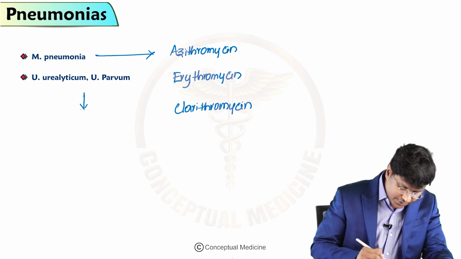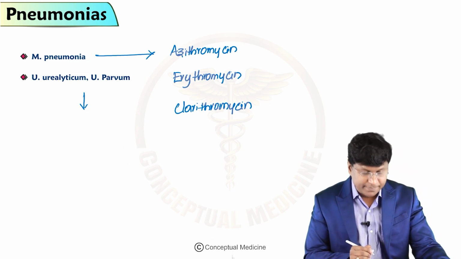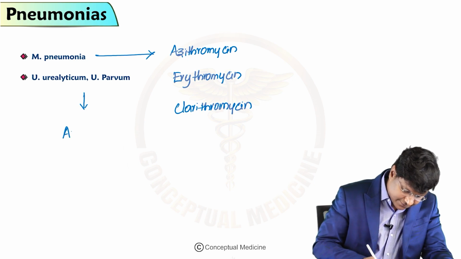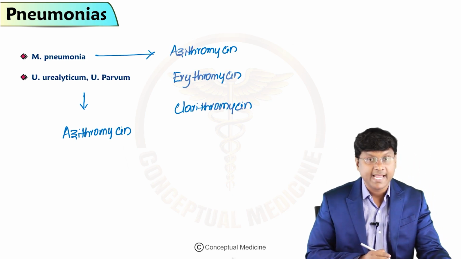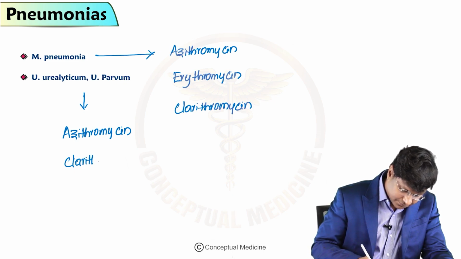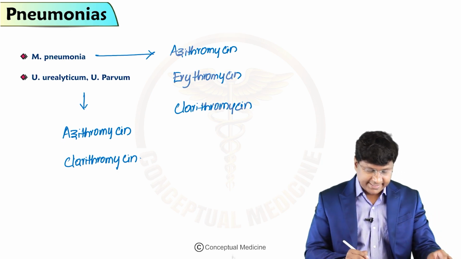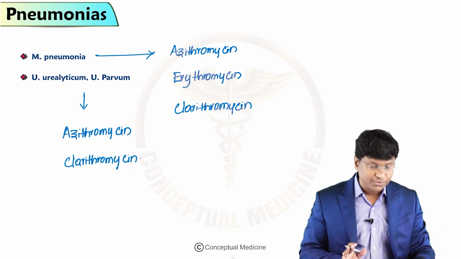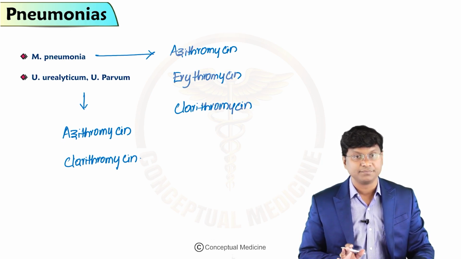And for Ureaplasma urealyticum and Ureaplasma parvum, the drugs we give are azithromycin and clarithromycin. Right, azithromycin and then clarithromycin. So these are the antibiotics for Ureaplasma urealyticum and Ureaplasma parvum.